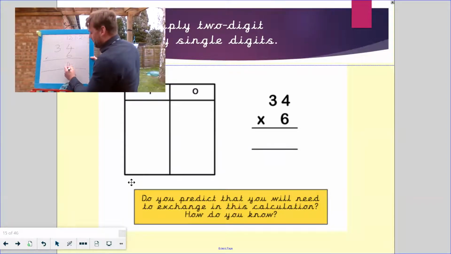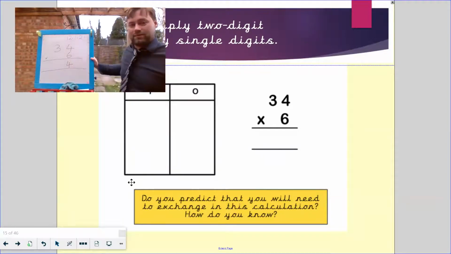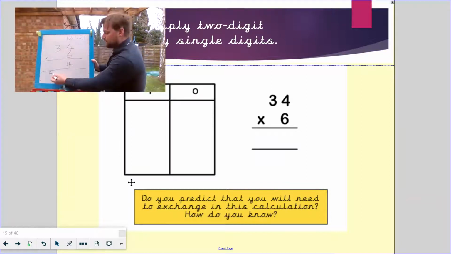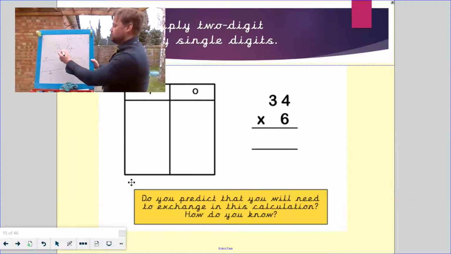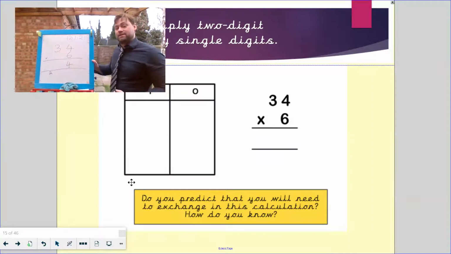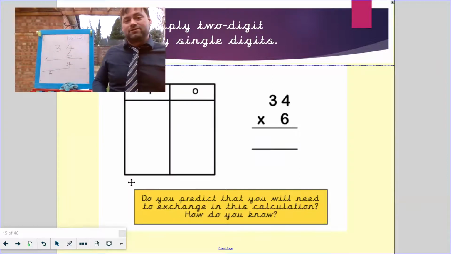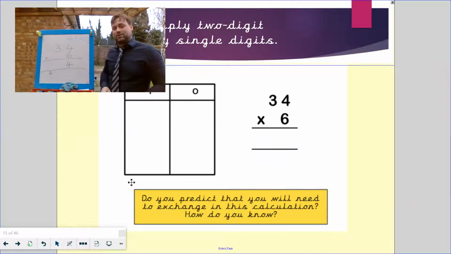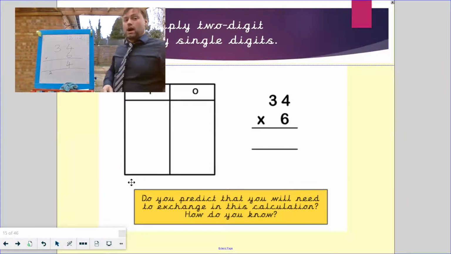So we put our 4 there, and then our 2 lots of 10 that we've now exchanged are over here. We then do 3 times 6, or 30 times 6. 30 times 6 is 180, and then we've got the other 2 lots of 10, so the 20 to add on to 180. And that gives us 200.